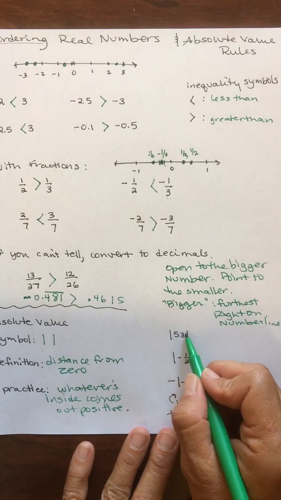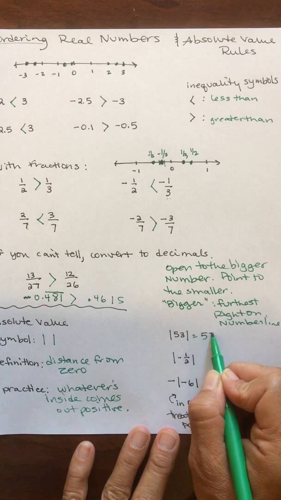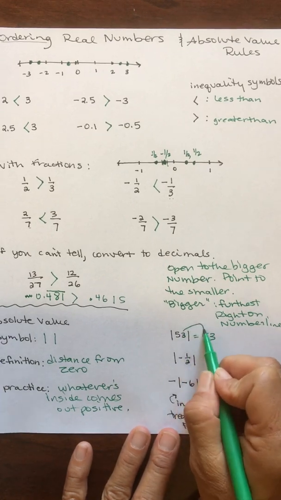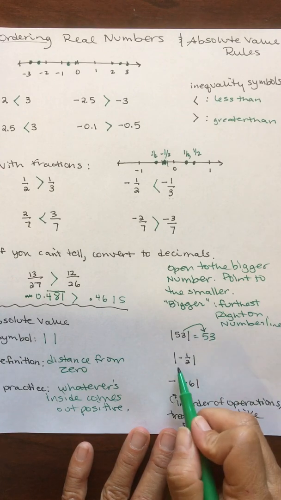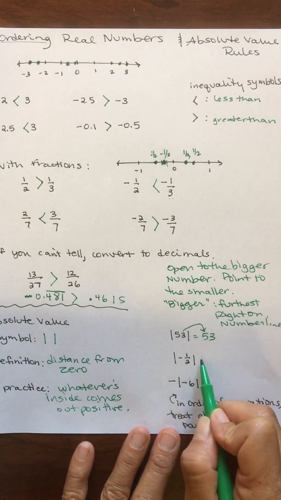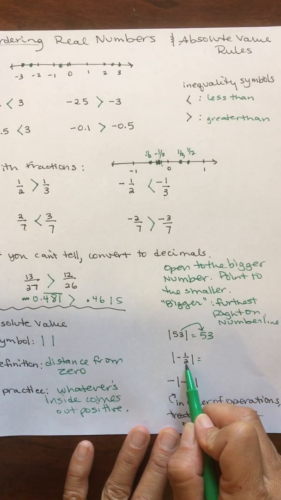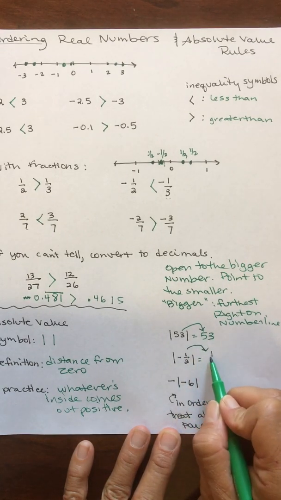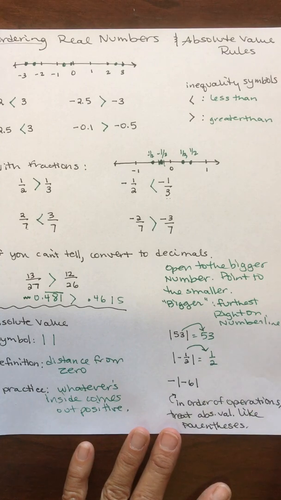So what we do is we just take what's inside and it comes out positive. So if it starts positive, it stays positive when it comes out. Absolute value of -1/2, again, how far is -1/2 from 0? When it comes out, it's the same exact number, but it's the positive version.